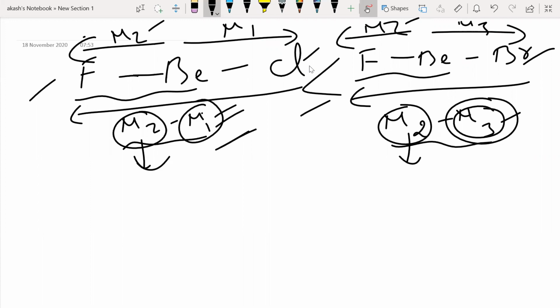Now I'll take the ammonia molecule, NH3. There are going to be four individual dipole moments.